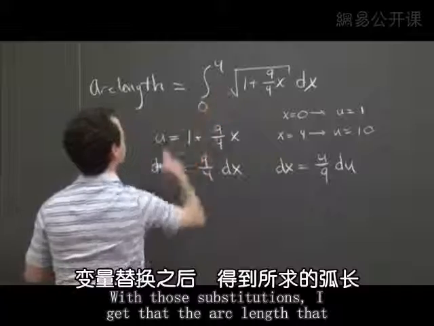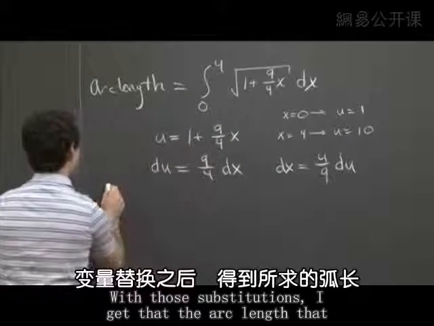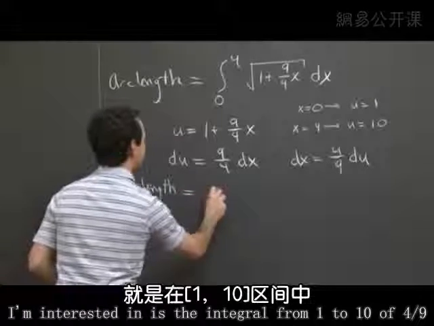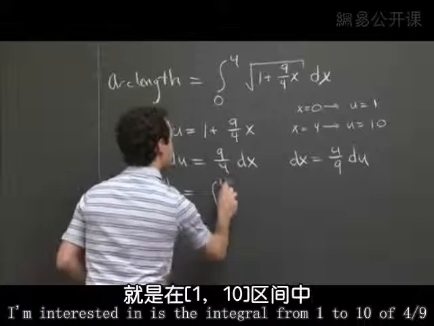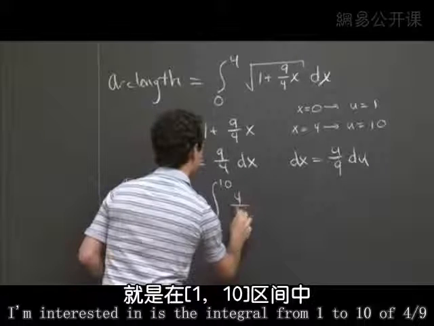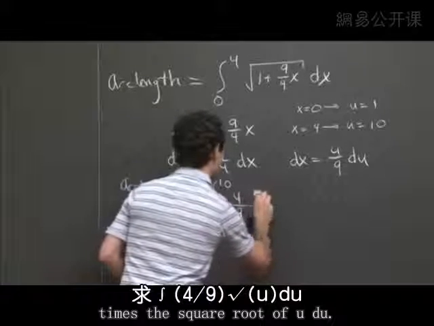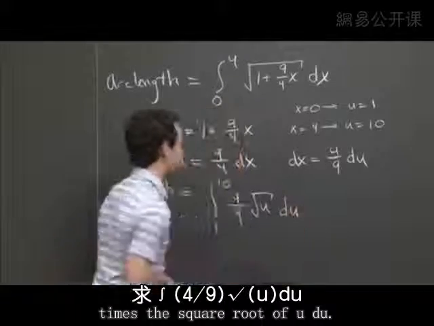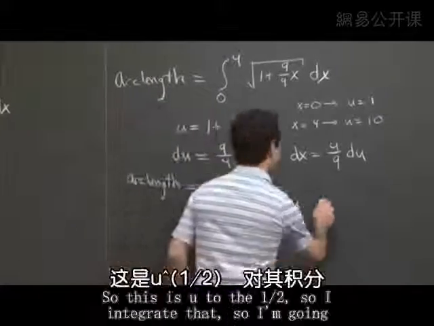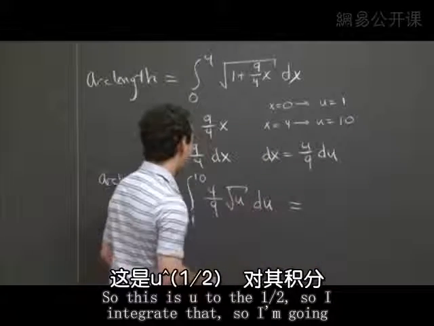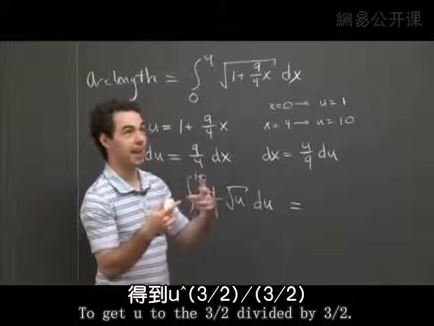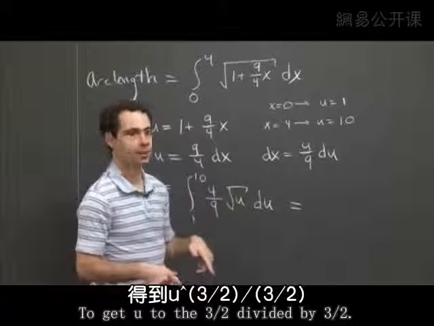With those substitutions, the arc length that I'm interested in is the integral from 1 to 10 of 4/9 times the square root of u, du. Now this is really easy. This is u to the 1/2, so I integrate that and get u to the 3/2 divided by 3/2.